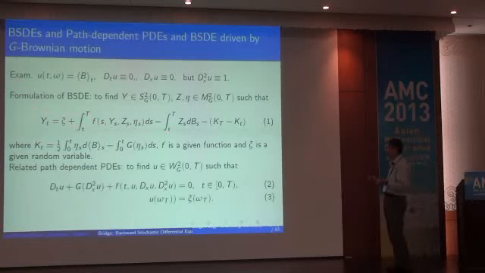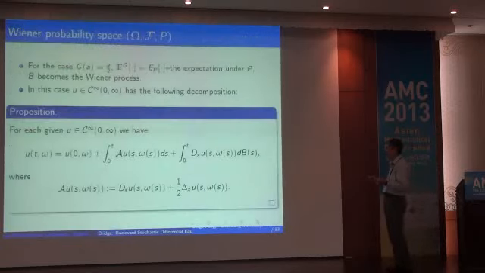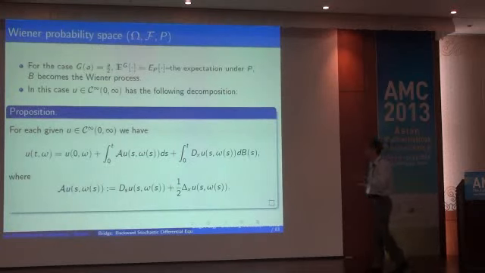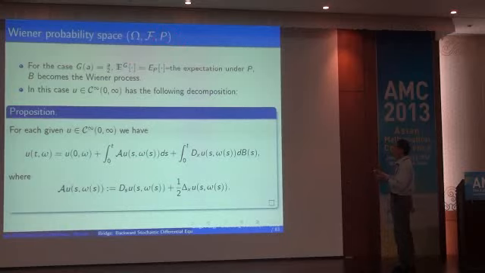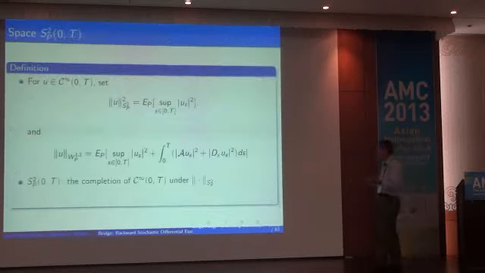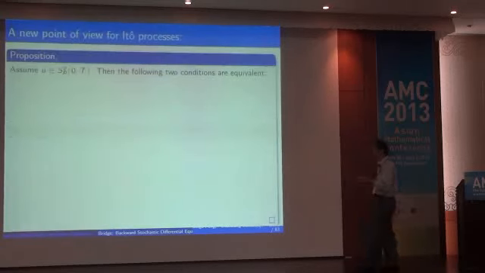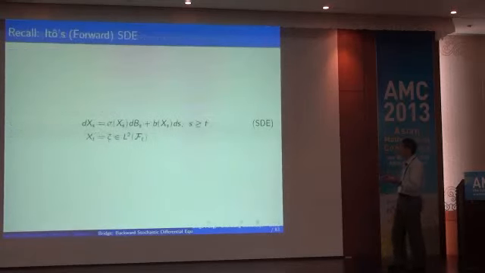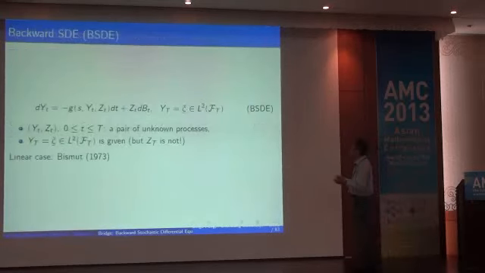I have no time, but even in the classical situation where P is the Wiener measure, for the case where T is linear, we still have many interesting points of view, which link to our BSDE.